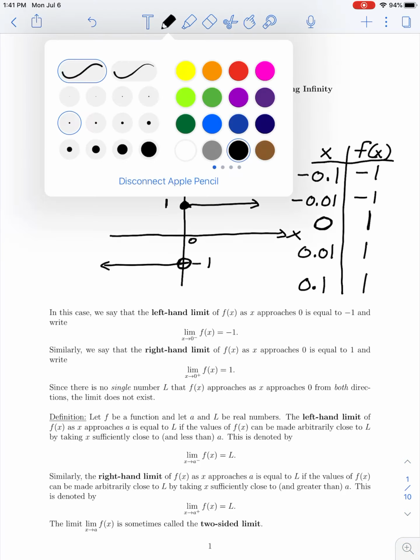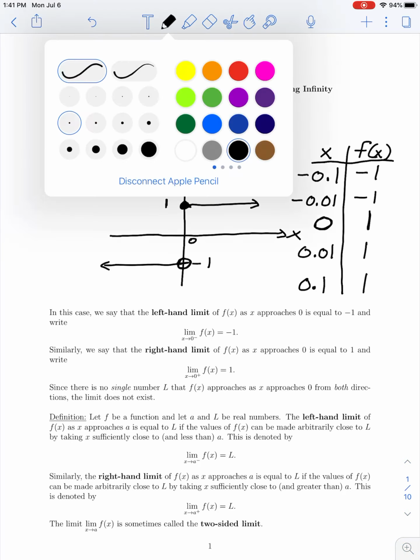Now, in a similar way, we can define a right-hand limit of f of x as x approaches a as being equal to the number L if the values of the function f of x can be made arbitrarily close to the number L by choosing values of x sufficiently close and greater than the number a.